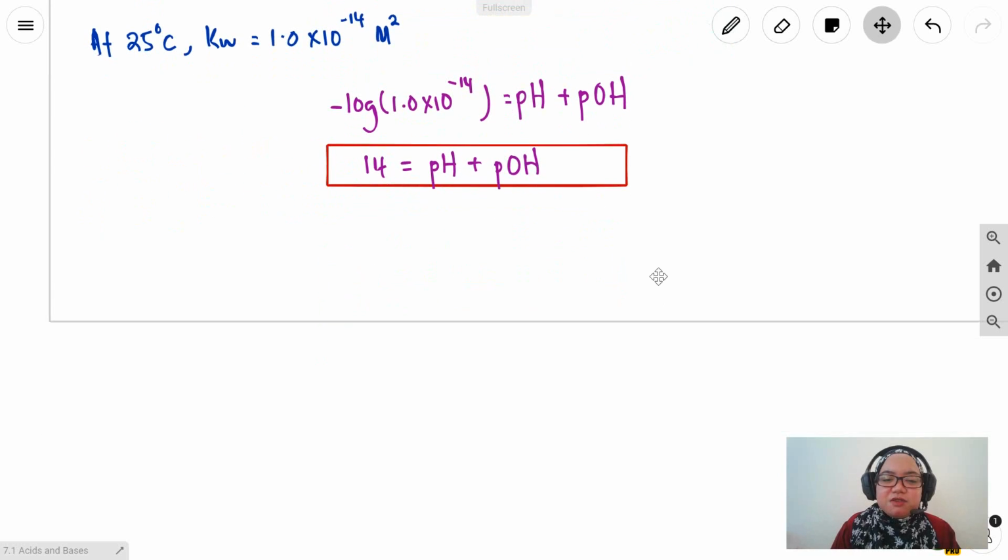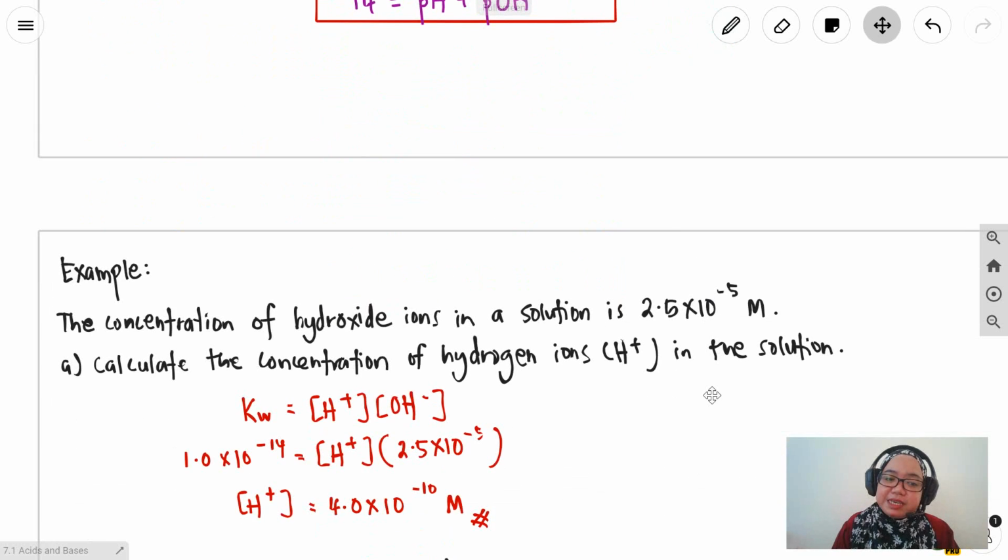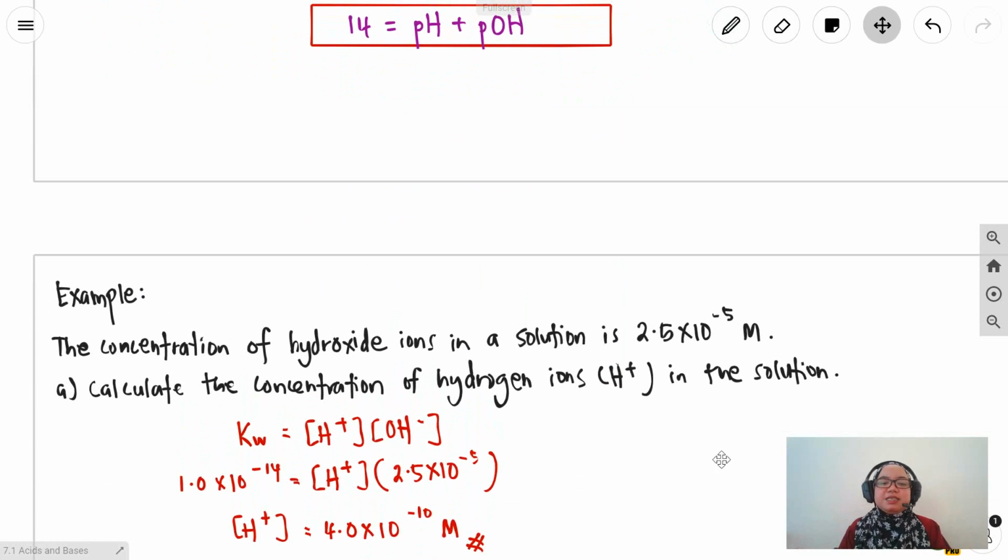Okay? Alright. For example, we have an example here. It says that the concentration of hydroxide ion in a solution is 2.5 times 10 to the power of negative 5 molar. It gives us the concentration of hydroxide ion. So the question asks you to calculate the concentration of hydrogen ion in the solution.